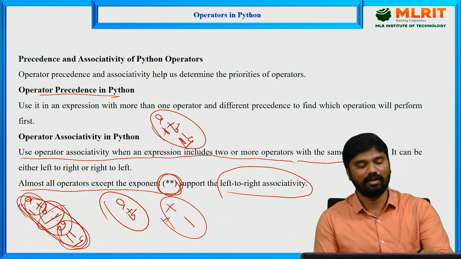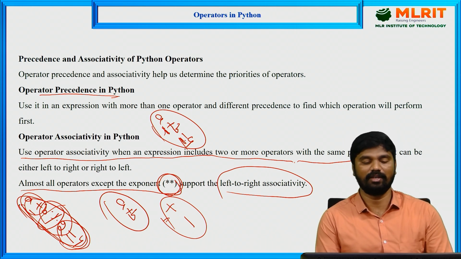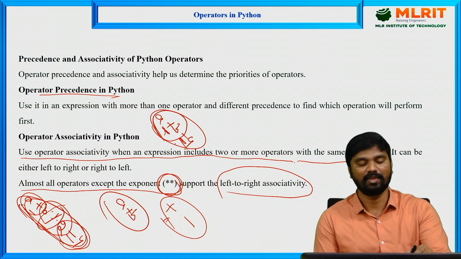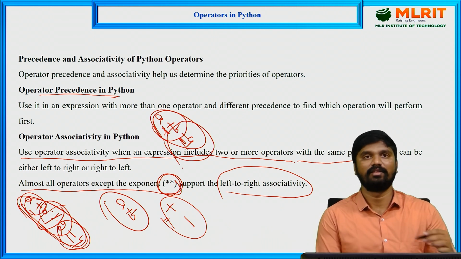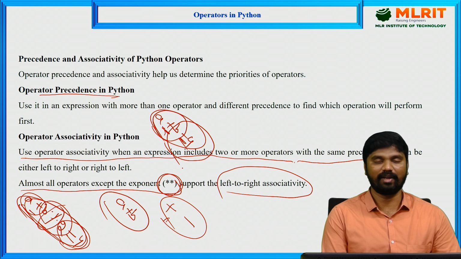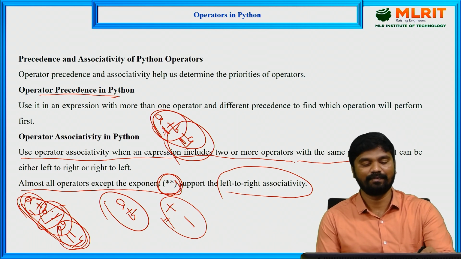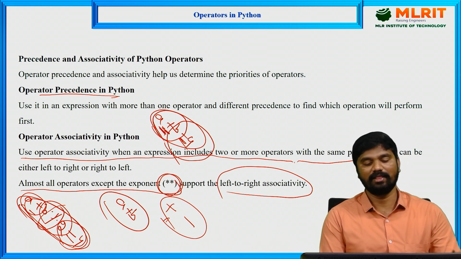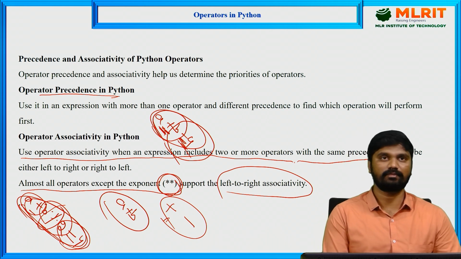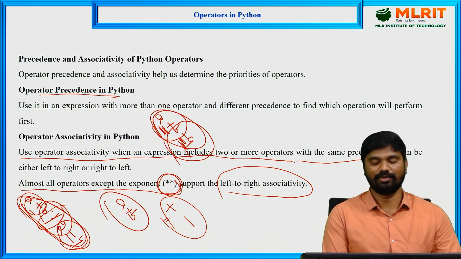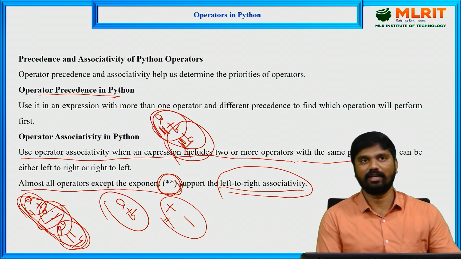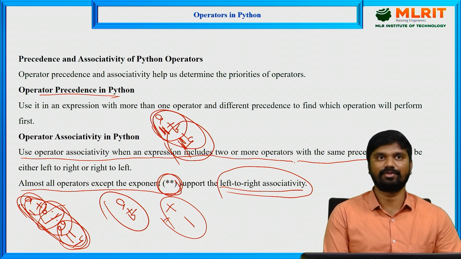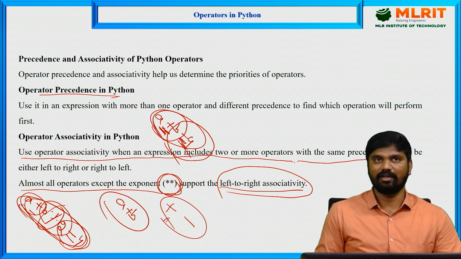That is left to right associativity. That means first we have to perform that addition operation, and next we have to perform what? Subtraction operation. Why? Because at left side, which operation is there? Plus operator is there, and then right side is what? Subtraction operator is there. So that is left to right associativity. So this is the precedencies and associativities of Python operators.